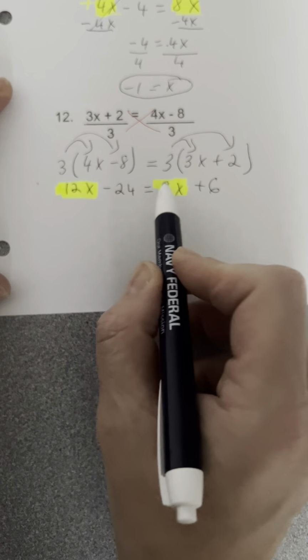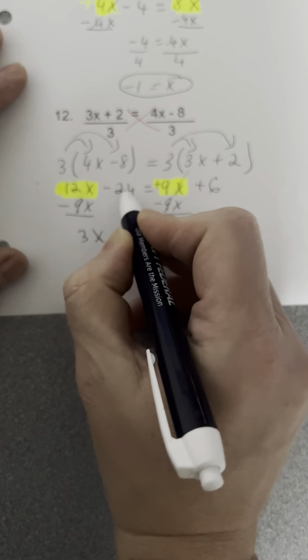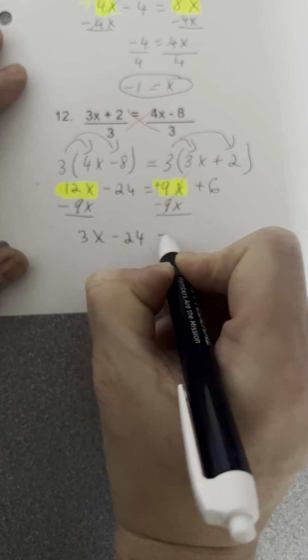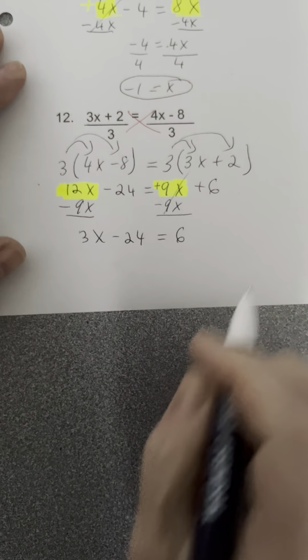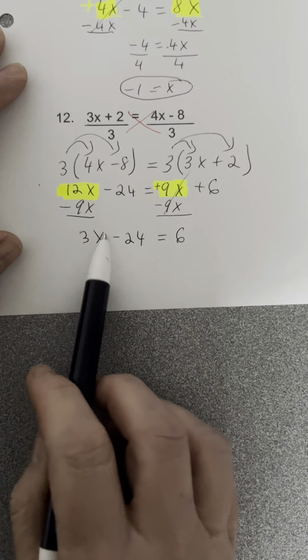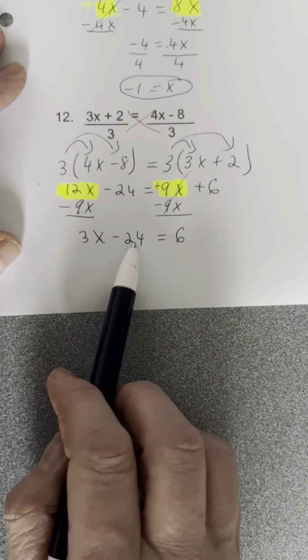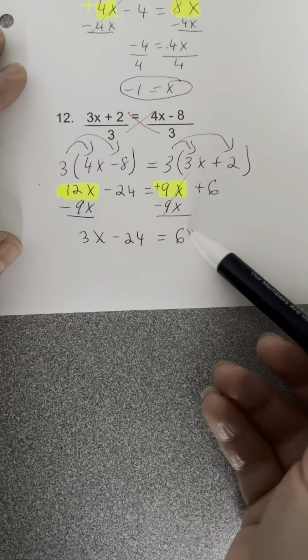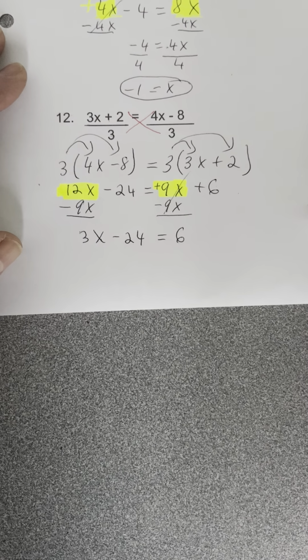All right? So now you're going to cancel this side, and 12 minus 9. Okay, now you're bringing that term down, minus 24 equals 6. Now at this point you only have one variable, so don't touch it till the last step. So you want to move that 24, because if you move that 6, then you have to bring something back.